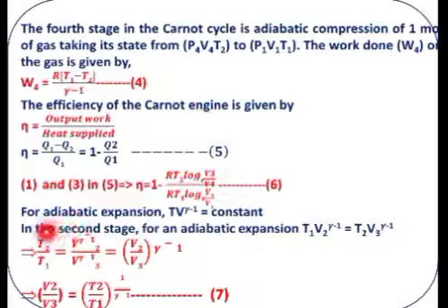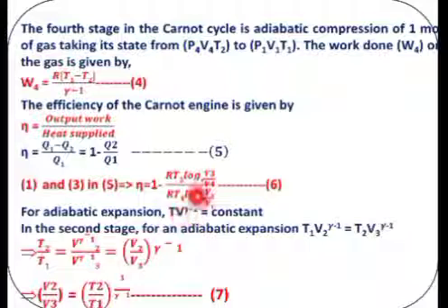For adiabatic expansion, TV raised to gamma minus 1 is equal to constant. This we studied in the previous cases. T means temperature, V means volume, and gamma is the specific heat ratio.